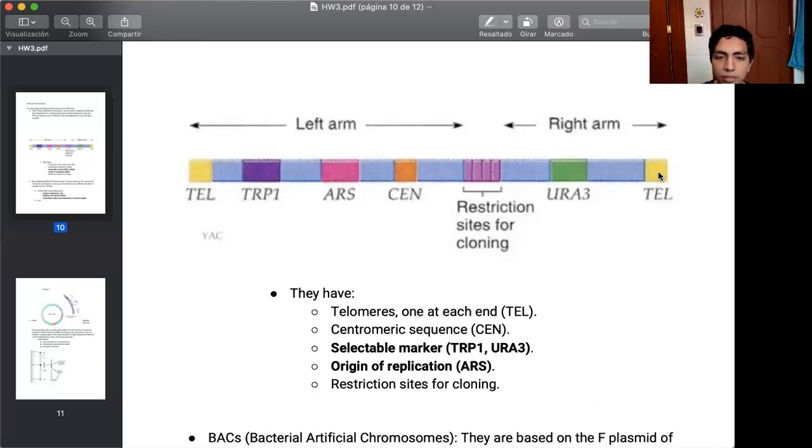We have the centromeric sequence, which is colored orange here, the selectable markers TRP1 and URA3, the origin of replication, here marked as ARS, but it's also known as ORI, and the restriction sites for cloning, which are here in purple.